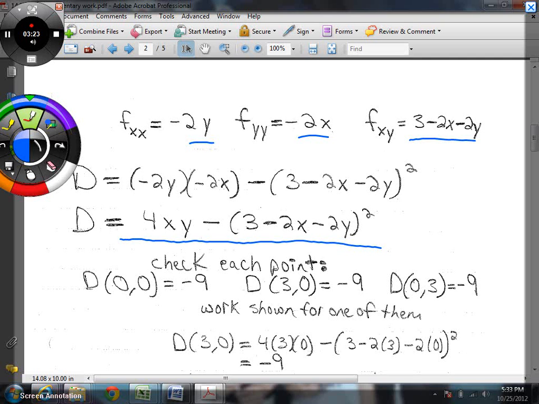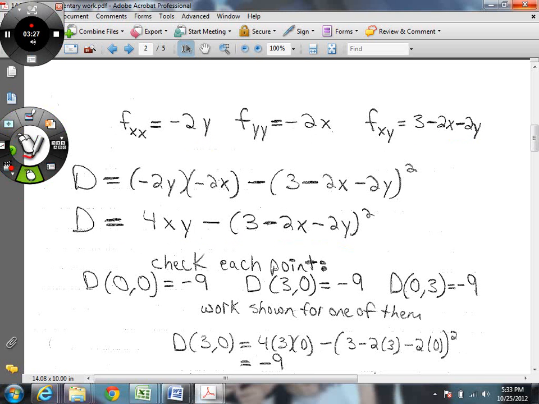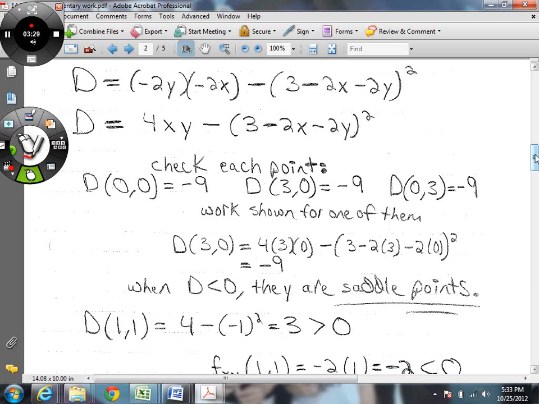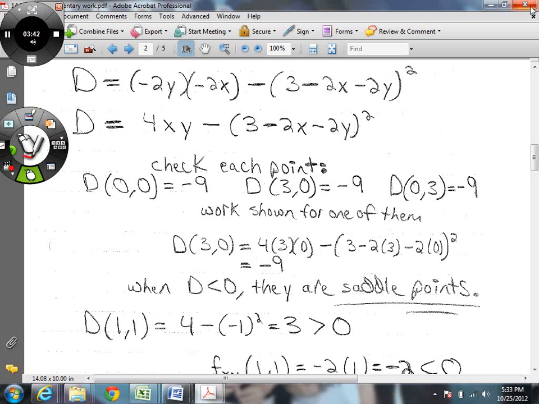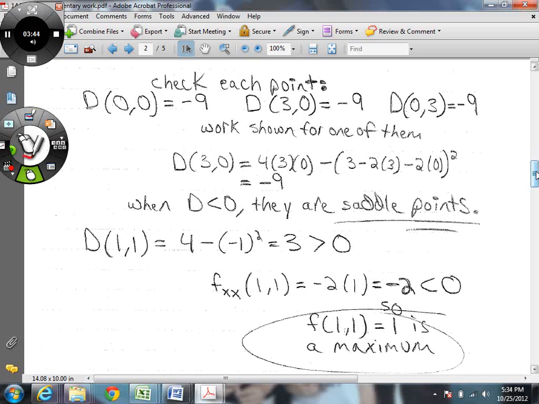So for the first three, we got d is less than 0, which tells you that those are saddle points. And then when you take the 1, 1, you plug that in, you got 3. So that's bigger than 0. Then the second part is you plug that same critical point into the second derivative, which is this one here.